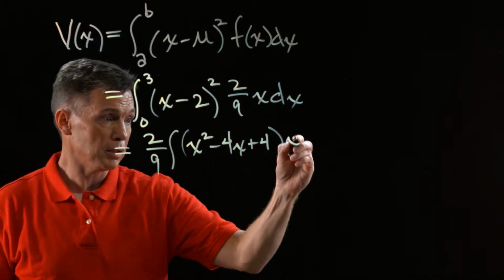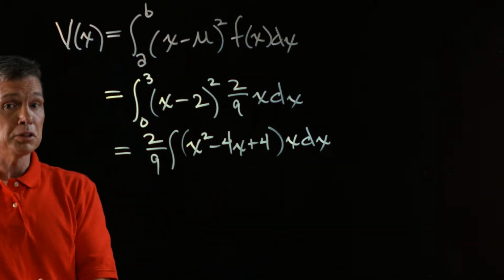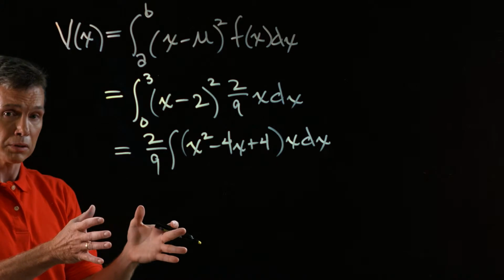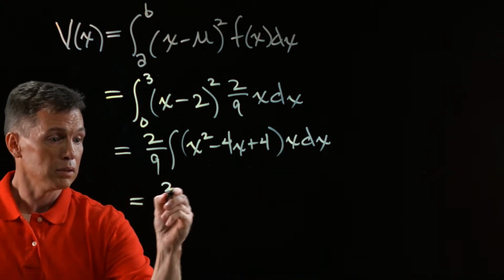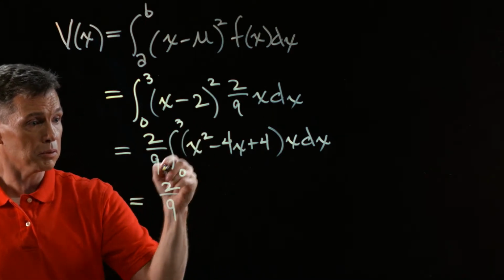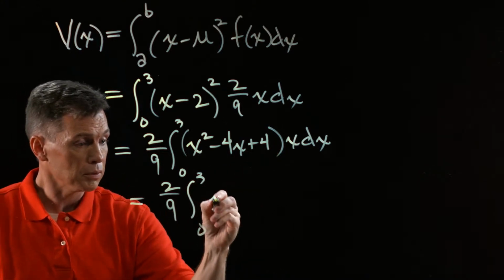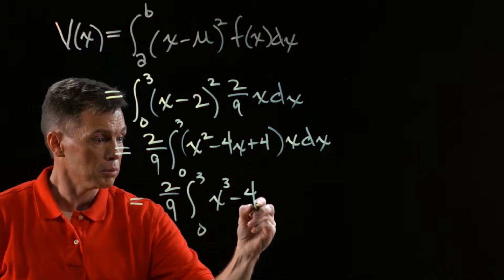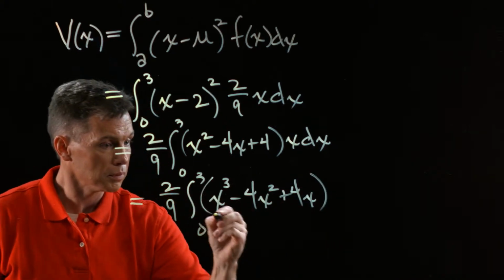You don't want to lose that. So I would still take one more algebra step before I'm ready to do the integral. I can't do the integral of a product, at least not without some kind of integration by parts. 0 and 3 back in there. So I'll distribute through the x cubed minus 4x squared plus 4x.